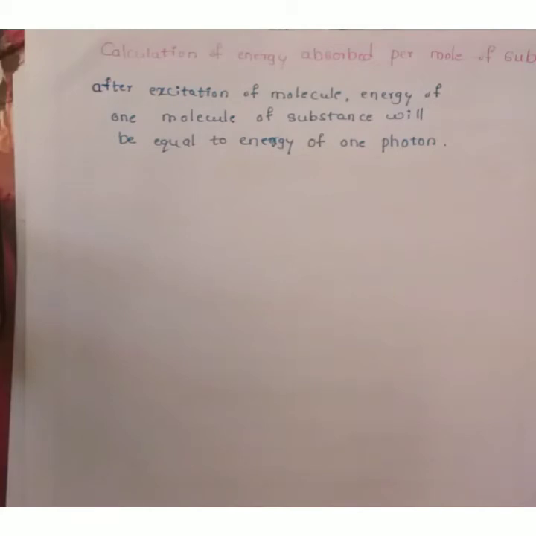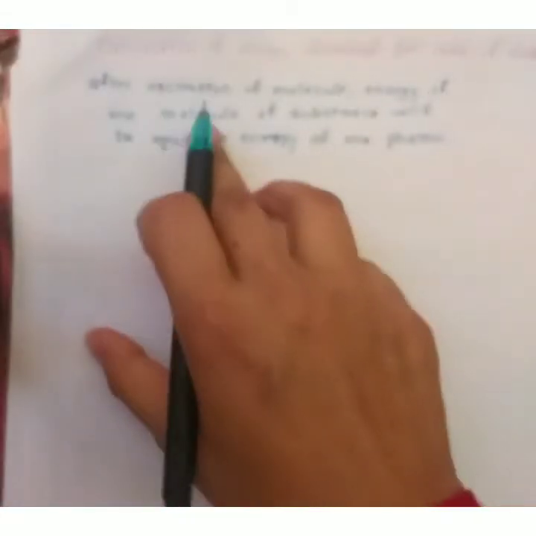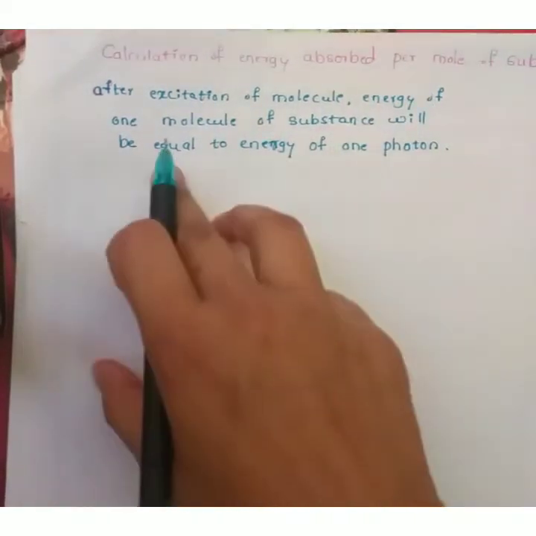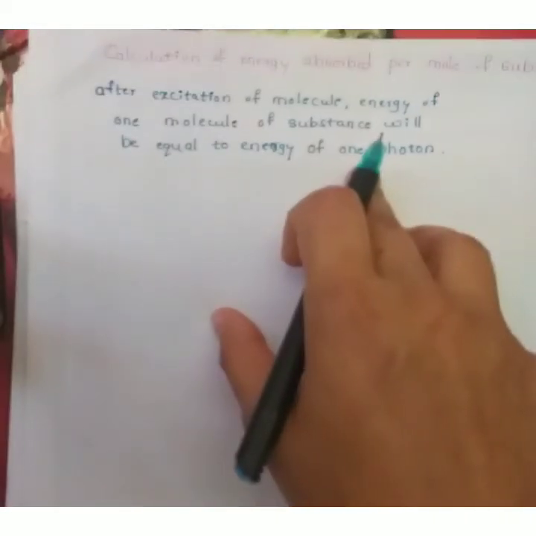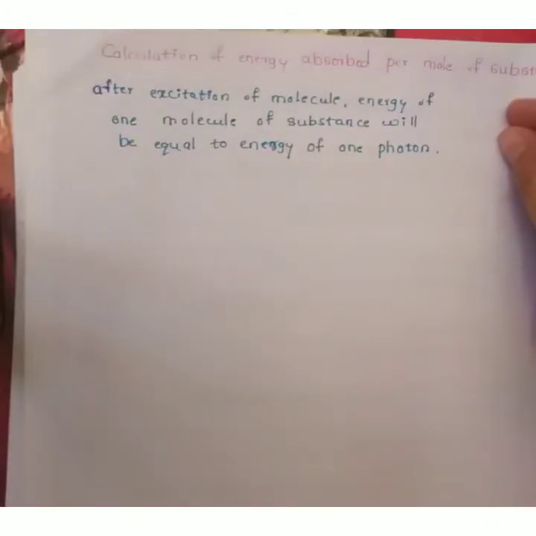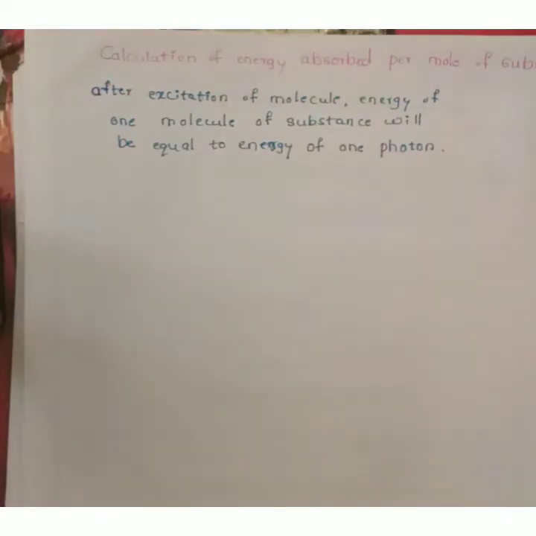According to the law, after excitation, when the molecule goes to the excited state, the energy of one molecule of a substance will be equal to the energy of one photon. Based on this, we shall calculate the energy.